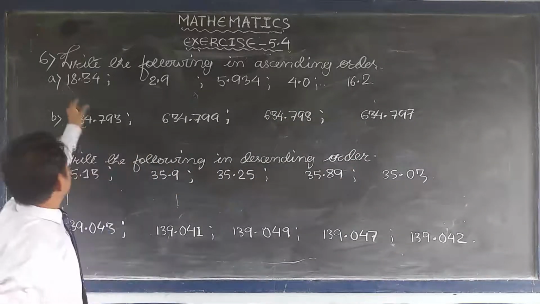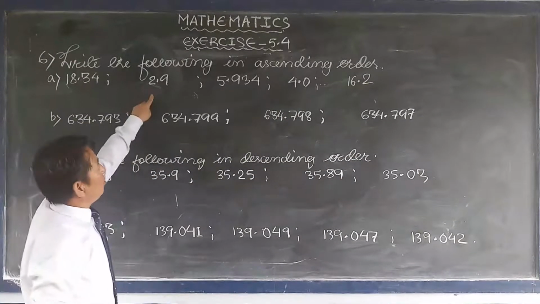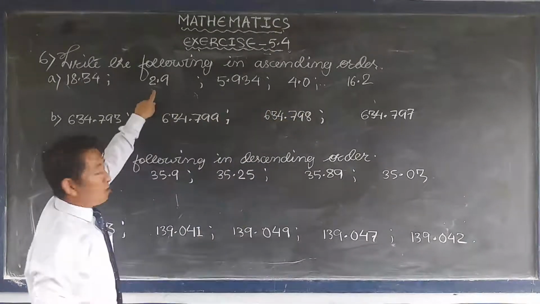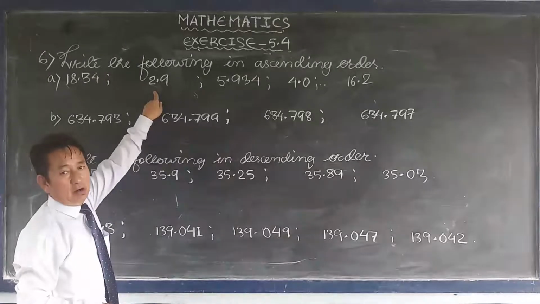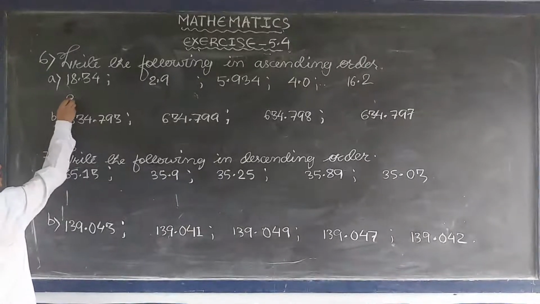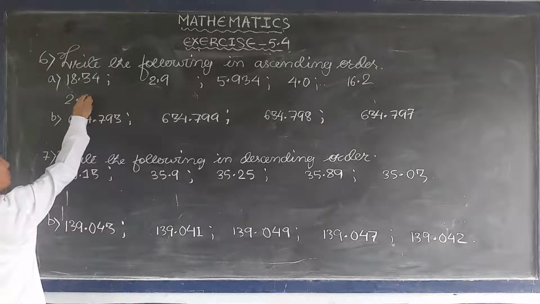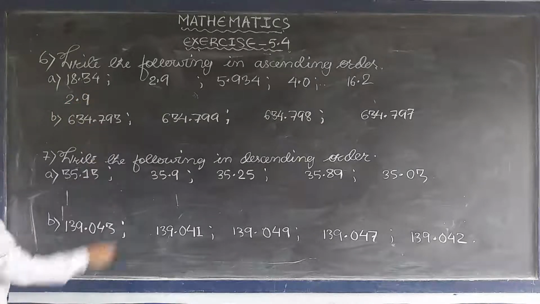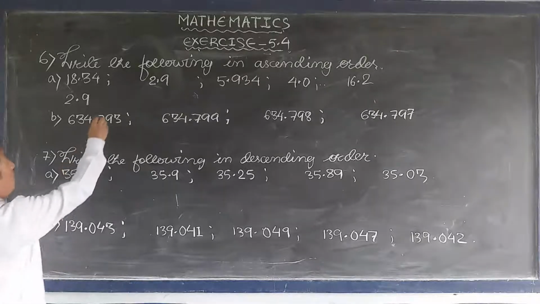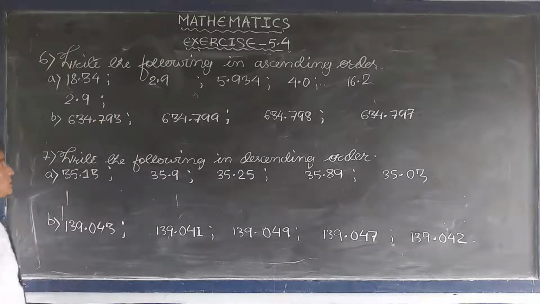So the smallest number is 2.9. We are arranging the numbers from smaller to greater, or in ascending order.